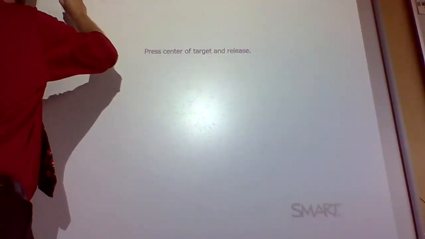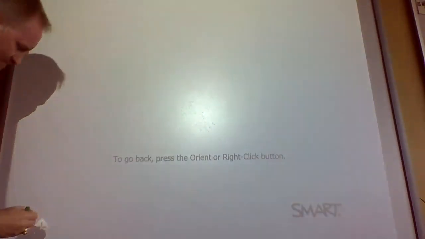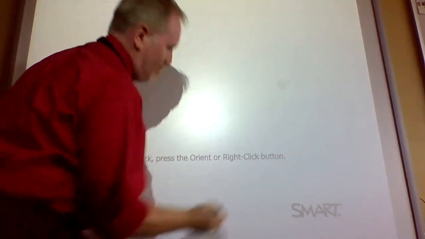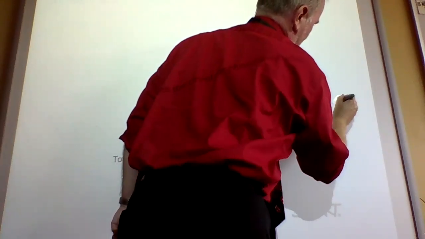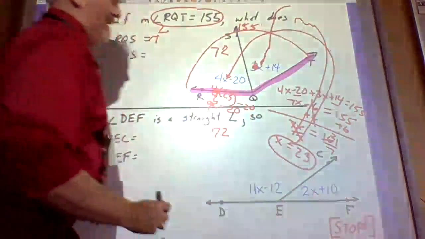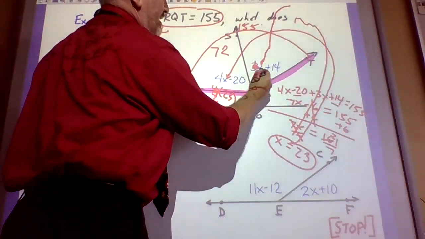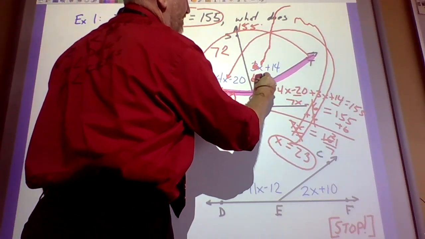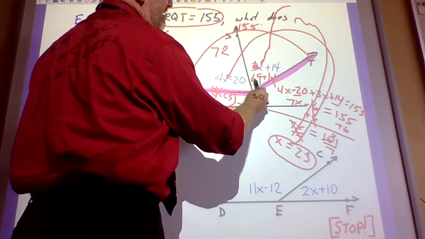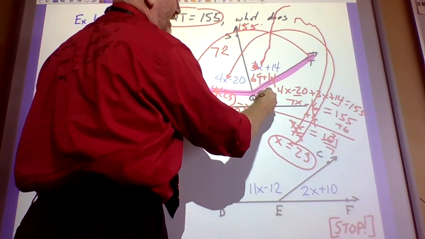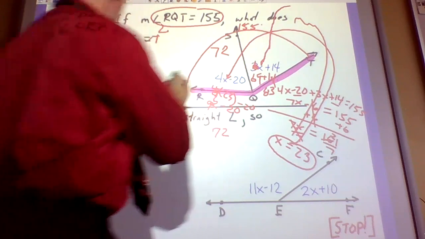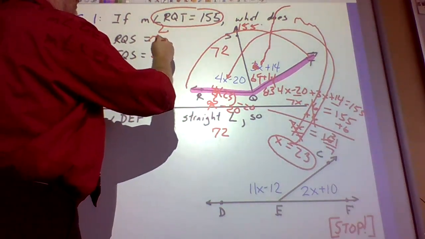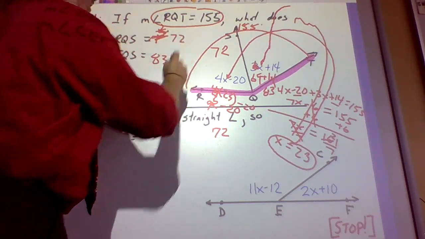This is ridiculous. 3 times that would be 69, plus the 14 would be, let's see, 69, 79, 83. So this angle should be 83, and I believe this one was 72, I think.